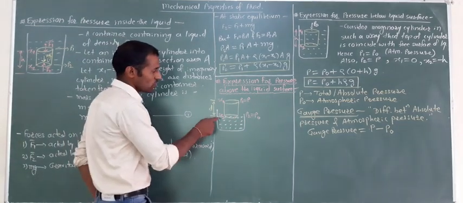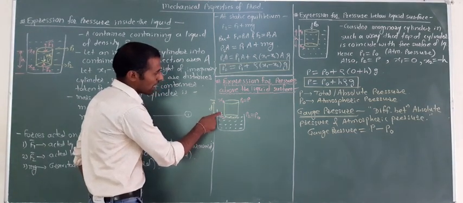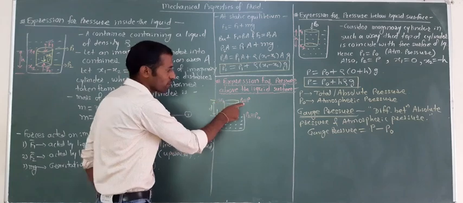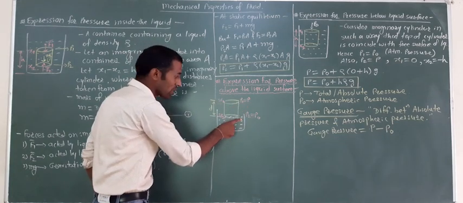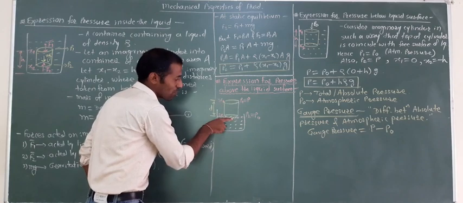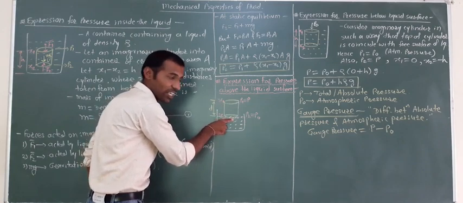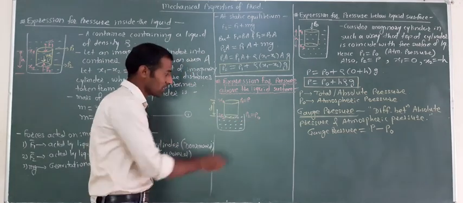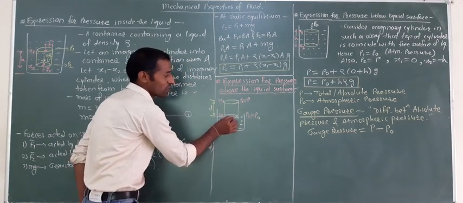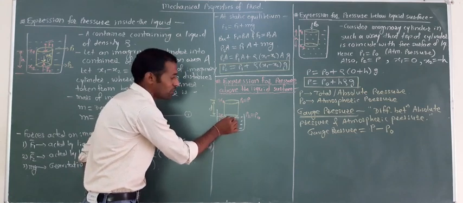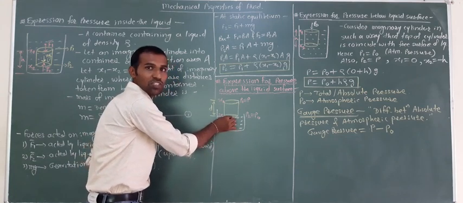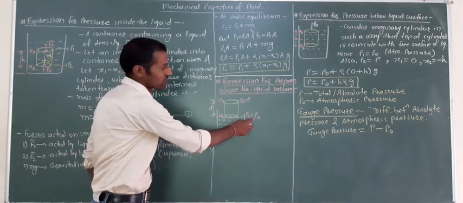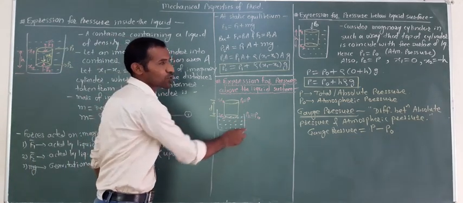So our pressure P1 at the top of the cylinder is taken as P, and the pressure P2 at the bottom of the cylinder is nothing but atmospheric pressure. P2 is the pressure taken at the free surface of liquid, and that pressure is due to the atmosphere, due to the air. So that pressure is nothing but atmospheric pressure.